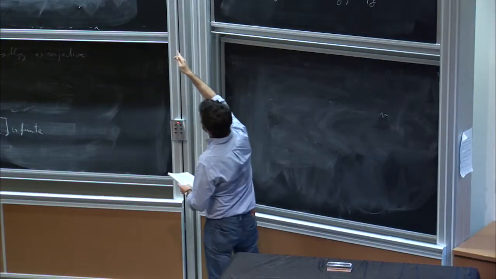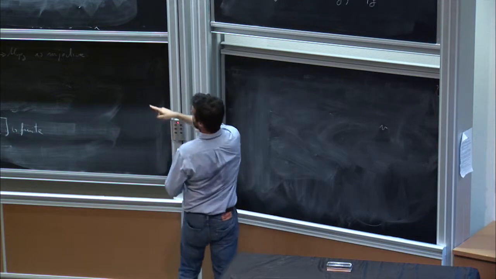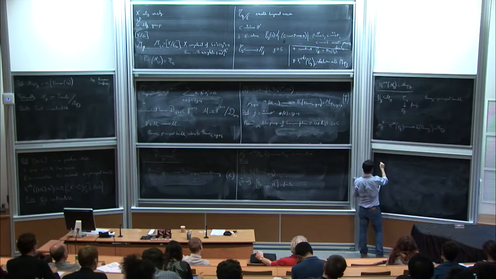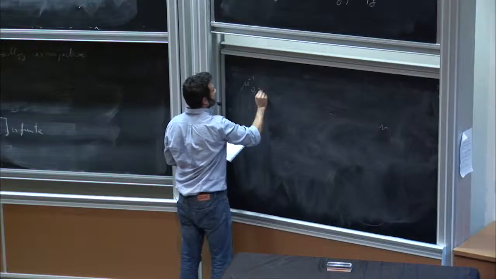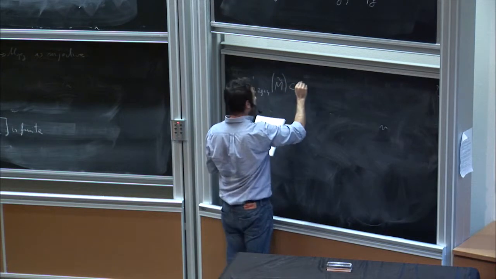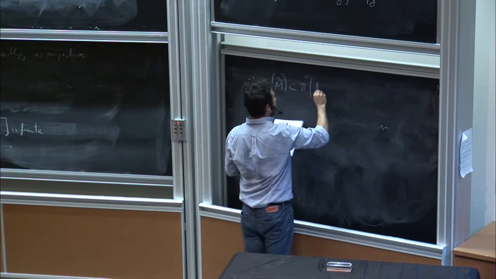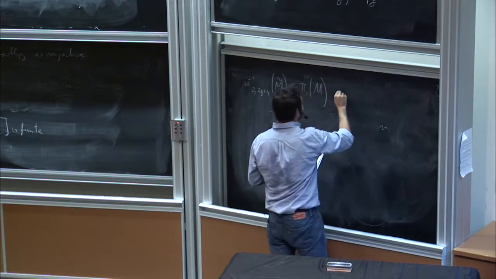Okay, let me consider the map there above, cross, and take the inverse image of this M tilde inside the fundamental group of U. So, okay, this also has finite index.